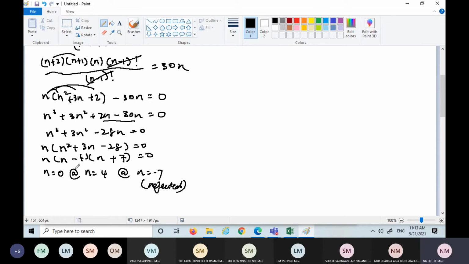We also don't take 0, because the original question is (n+2)P3. If you replace n with 0, it becomes 2P3, which cannot be, because the top number must be bigger than or equal to the bottom number. Smaller cannot, so these are also rejected.